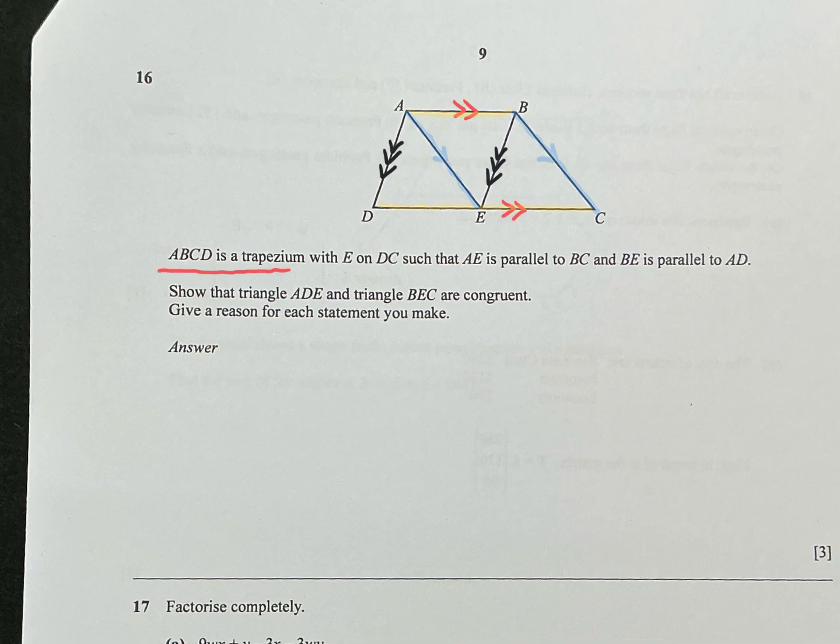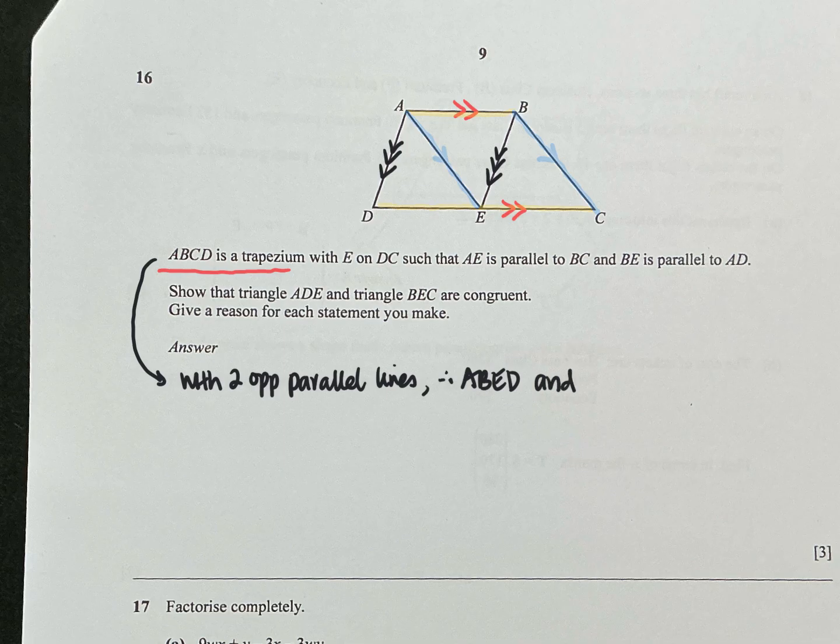So from this, we know that with two pairs of opposite parallel lines, therefore ABED and BCE are parallelograms. So the moment you have this, you are invincible.